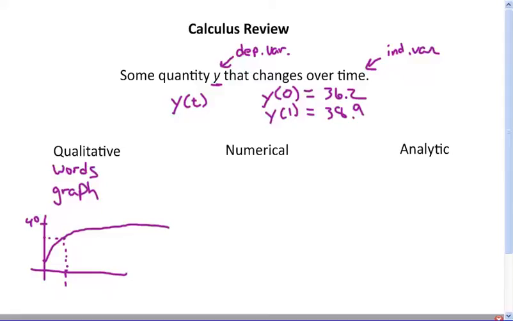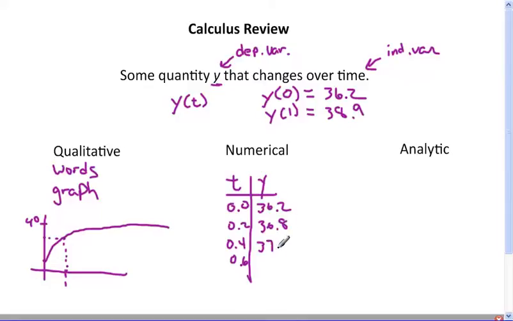Now the second way is numerically. Numerically is quantitatively precise, as you might guess, and usually that would be expressed in some sort of table. So it's just simply a list of numbers at different times and what y is at those times. So that would be a numerical description of the quantity.